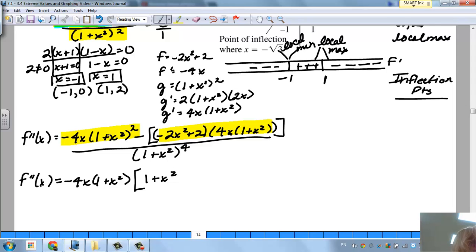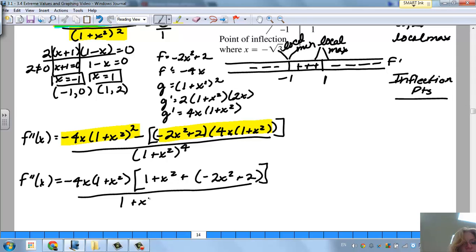The sign changes if I'm dividing by a negative. So this is negative divided by negative, so it turns positive. And I have a negative 2x squared plus 2, because I've taken all this out of here. All over 1 plus x squared to the fourth.